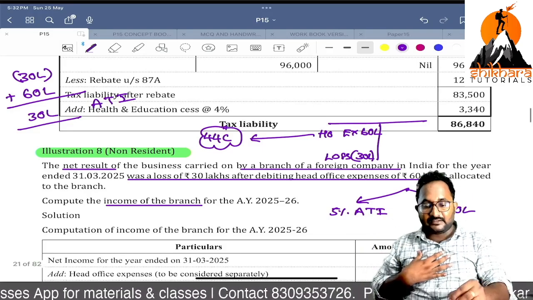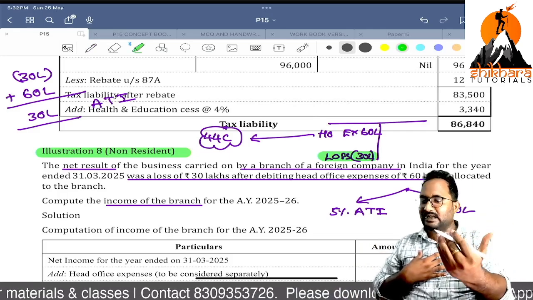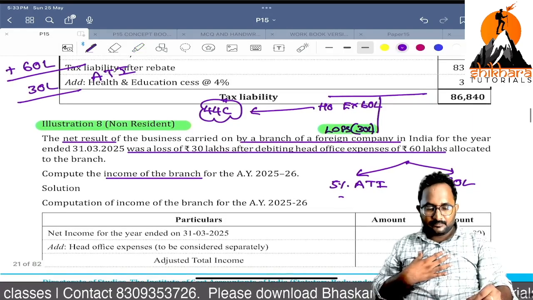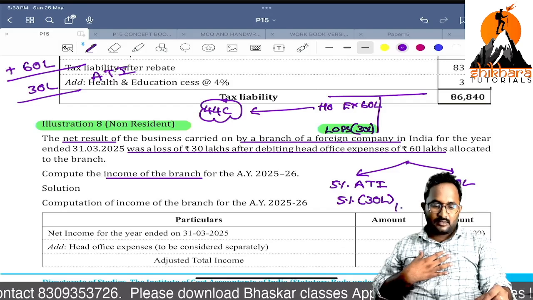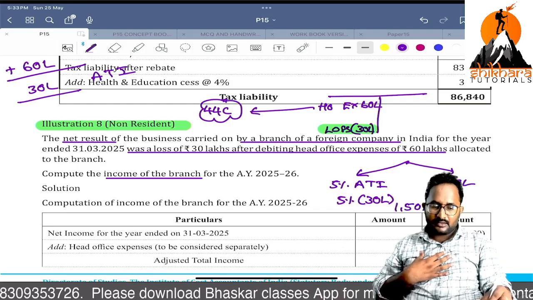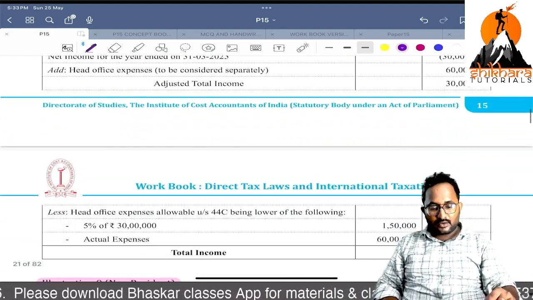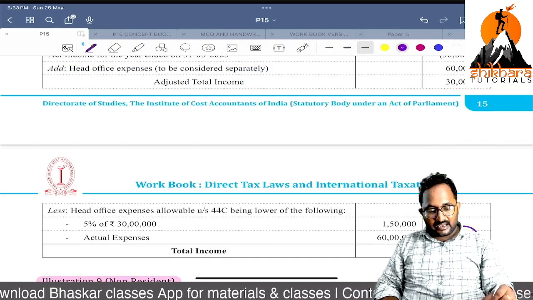After considering the head office expenditure I got a loss, but if I am not considering it, my total income will be 30 lakh. On 30 lakh, please calculate 5%. 1 lakh 50,000. Whichever is lower? 1 lakh 50,000. So you can give the deduction of only 1 lakh 50,000.